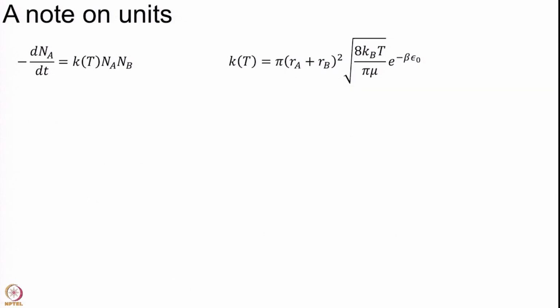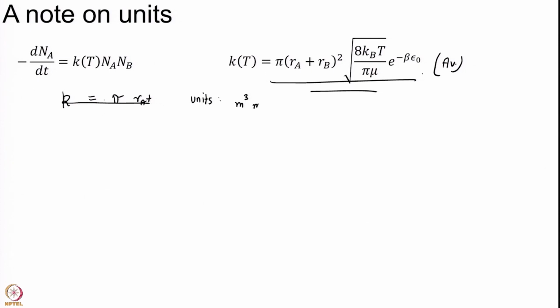But I still have to be careful. The k that I have written is basically this thing into an Avogadro number, and the units are so far meter cube mole inverse second inverse.